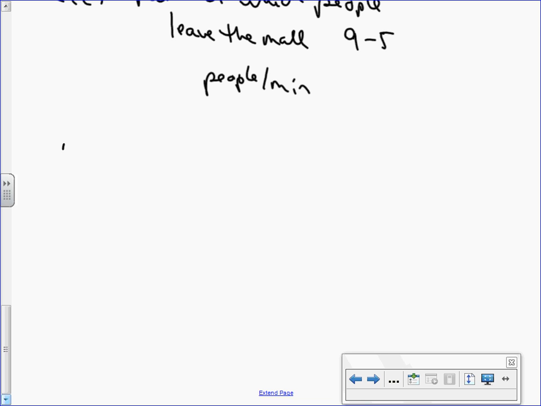So I want you to take a look at this function, which subtracts those two functions. What does this function represent?